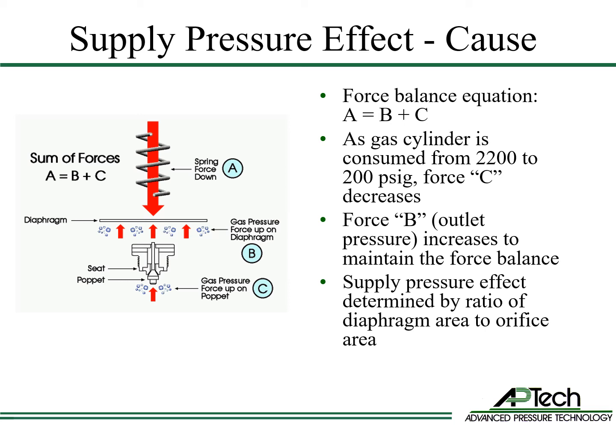For the sum of forces to be balanced, force B needs to increase as force C is decreased due to lower pressure. The supply pressure effect is determined by the ratio of diaphragm area to orifice area. Higher flow regulators generally have a lower ratio of diaphragm area to orifice area and therefore generally have higher supply pressure effect than lower flow regulators.